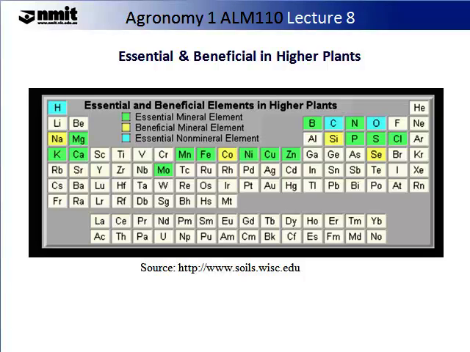Out of the many natural elements that occur on Earth, essential mineral elements and beneficial elements are not randomly scattered, but instead they cluster into several groups. This is demonstrated on the slide showing the periodic chart. You can see the essential elements highlighted in green, the beneficial mineral elements highlighted in yellow, and essential non-mineral elements highlighted in blue.